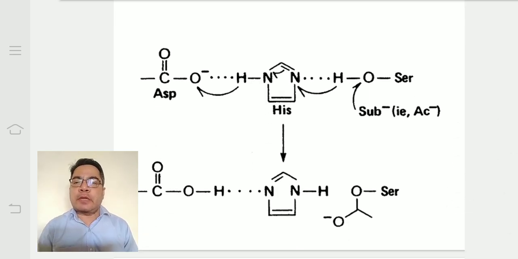Here in this diagram, we can see that in the serine proteases, serine on the right side gives its hydrogen to histidine, whereas on the left side the aspartyl residue takes a hydrogen from the histidine residue and creates a basic form.